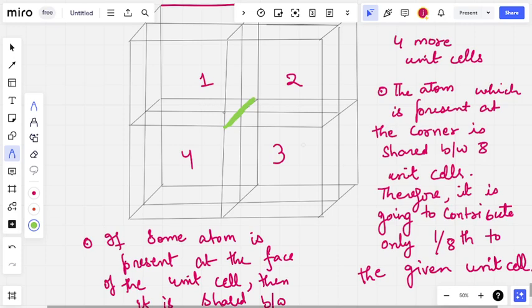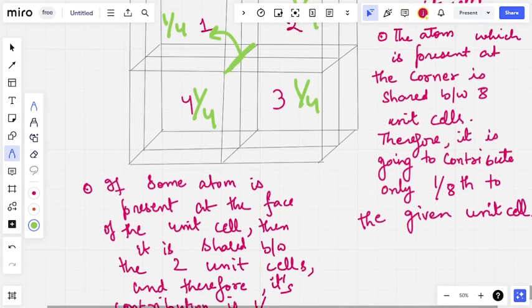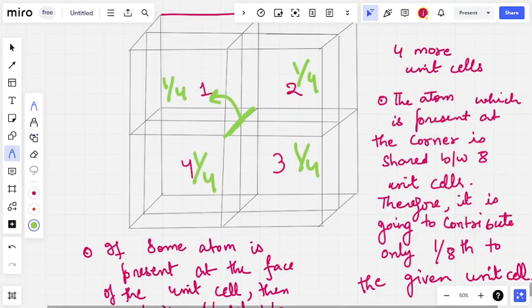So its contribution to this particular unit cell will be 1/4. Similarly over here 1/4 and 1/4 and 1/4. Any atom which is present on the edge will have its contribution as 1/4. Any atom which is present at the corner will have 1/8 contribution. Any atom which is present at the face of the unit cell is going to have 1/2 as its contribution.